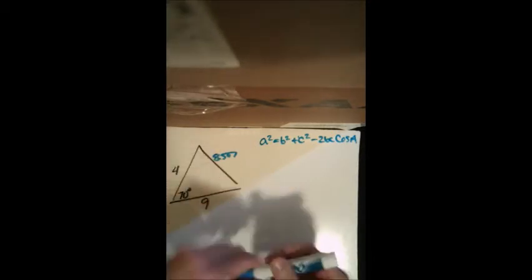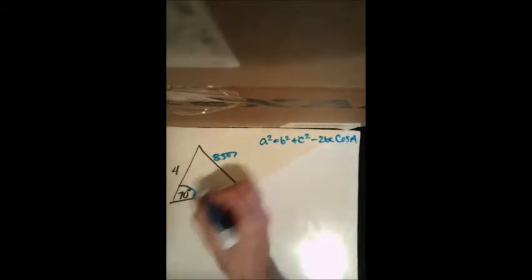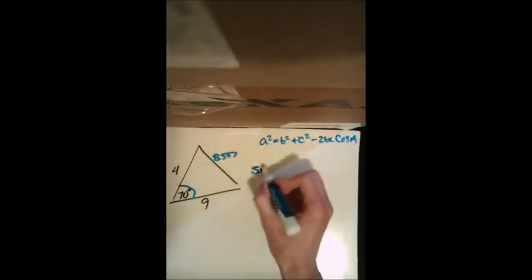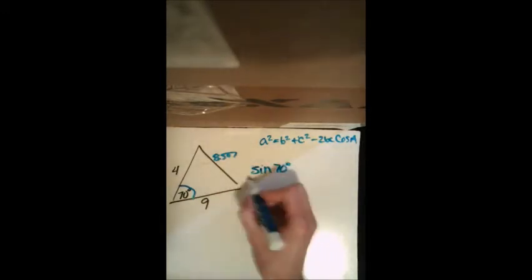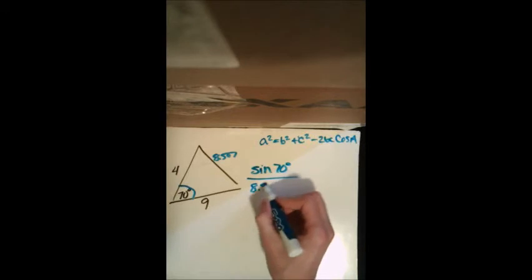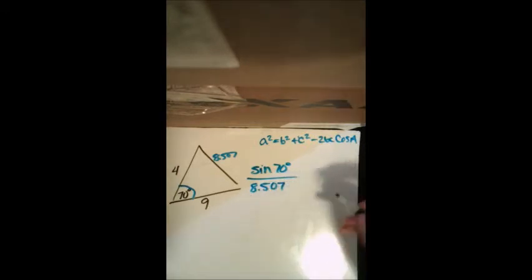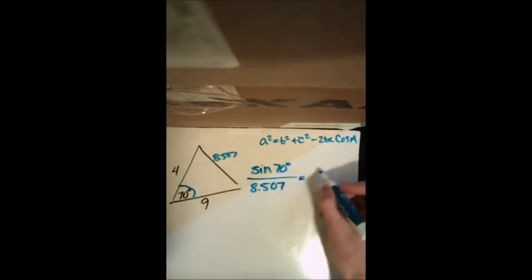So again, from here out, we can just use law of sines, because I now know this angle and the side opposite it. So the sine of 70 degrees over that side I just solved for, 8.507, would be equal to the sine of one of the other angles.